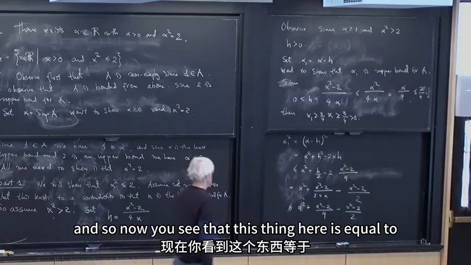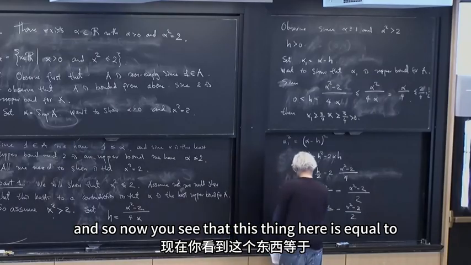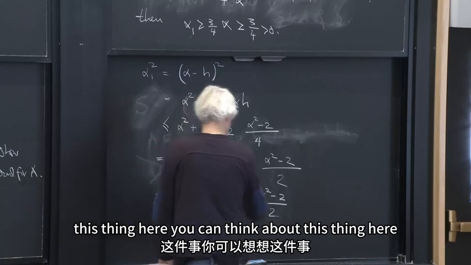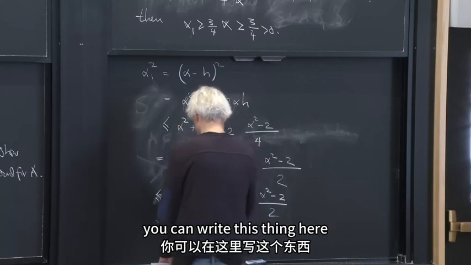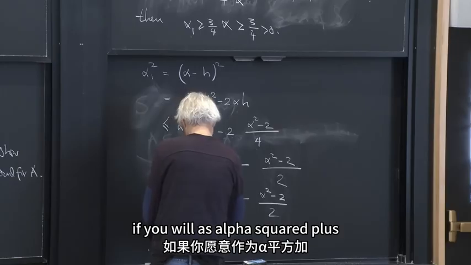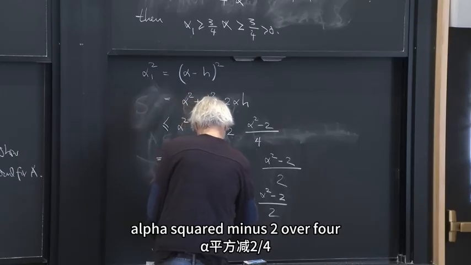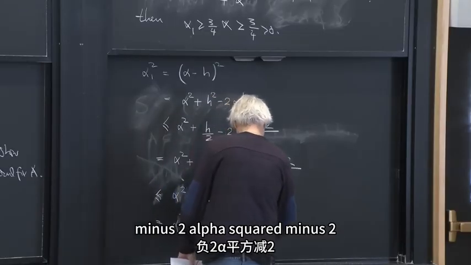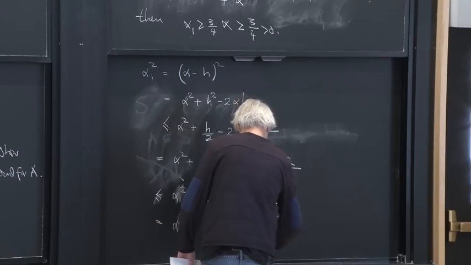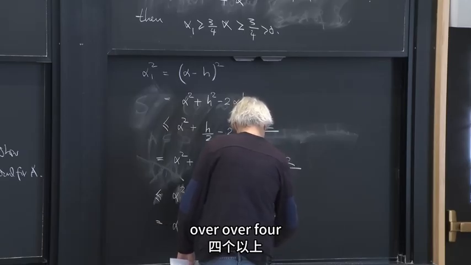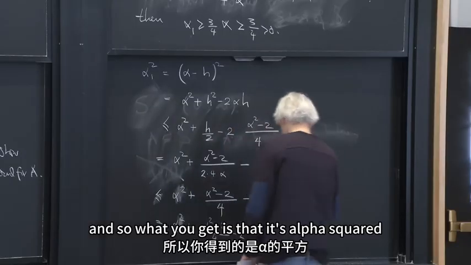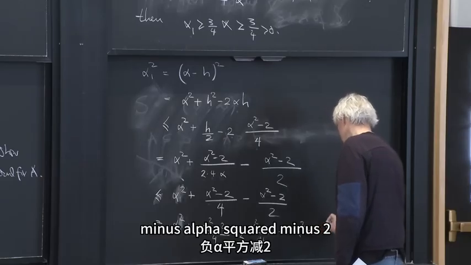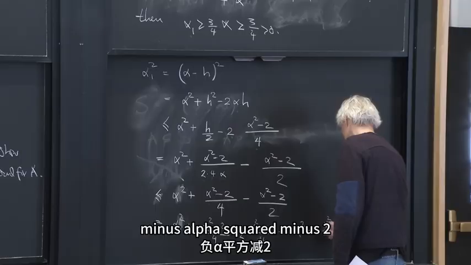Now you see that this is equal to alpha squared. You can write this as alpha squared plus alpha squared minus 2 over 4 minus 2 alpha squared minus 2 over 4. And so what you get is alpha squared minus alpha squared minus 2 over 4.